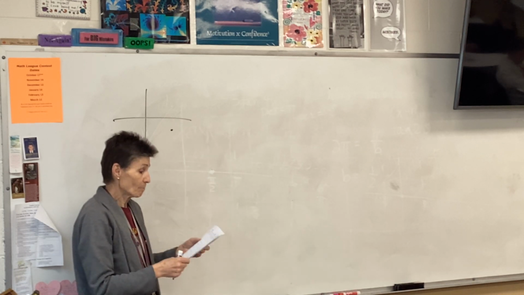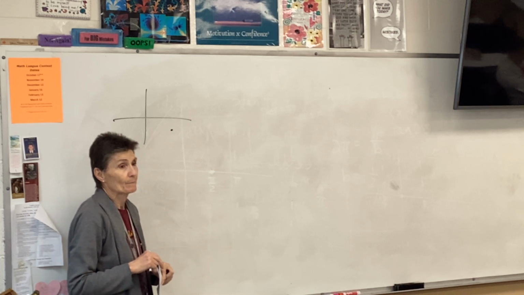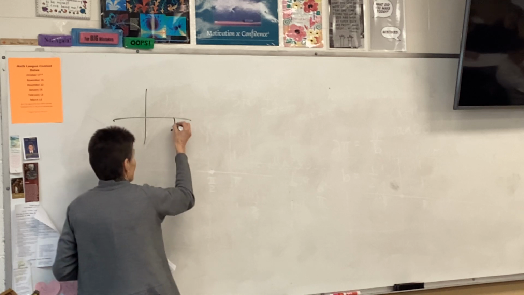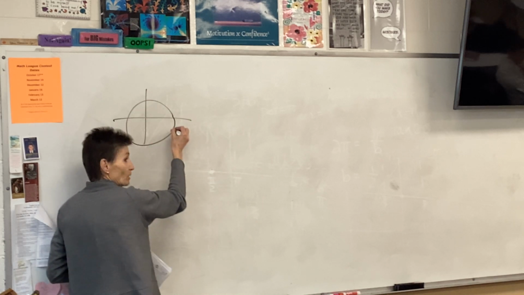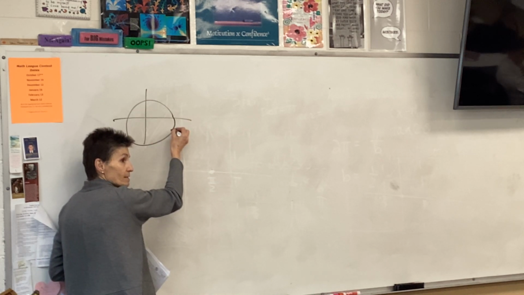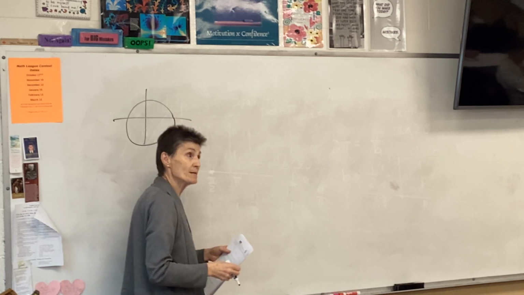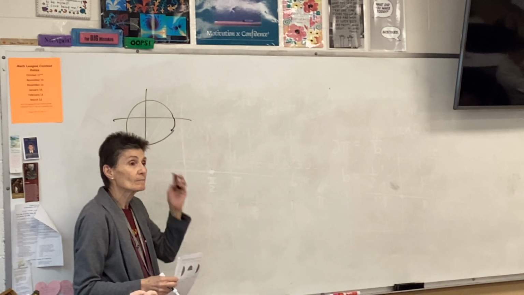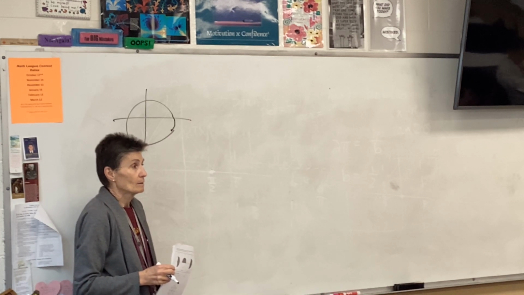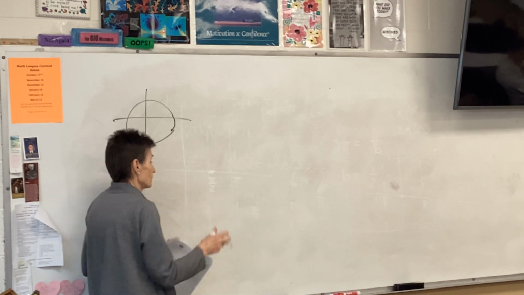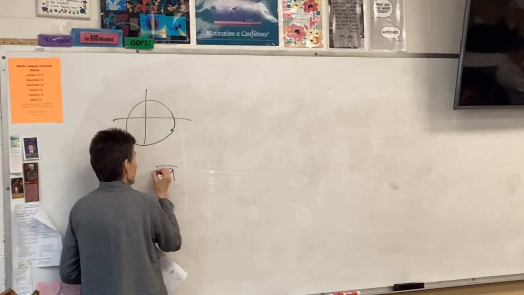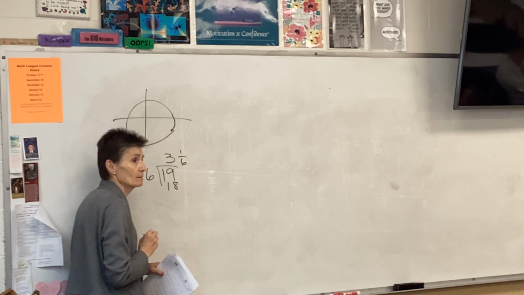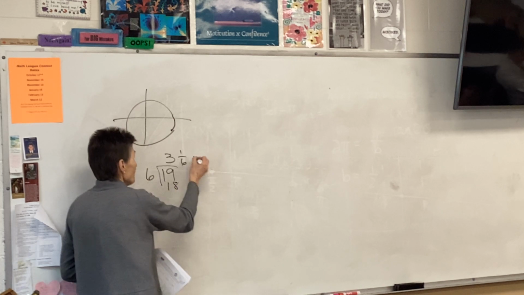Sine 11 pi over 6. Negative 1/2. Because isn't that coterminal with negative pi over 6, same place? And what about 19 pi over 6? Okay, so remember, 19, that would be 3 1/6 pi.